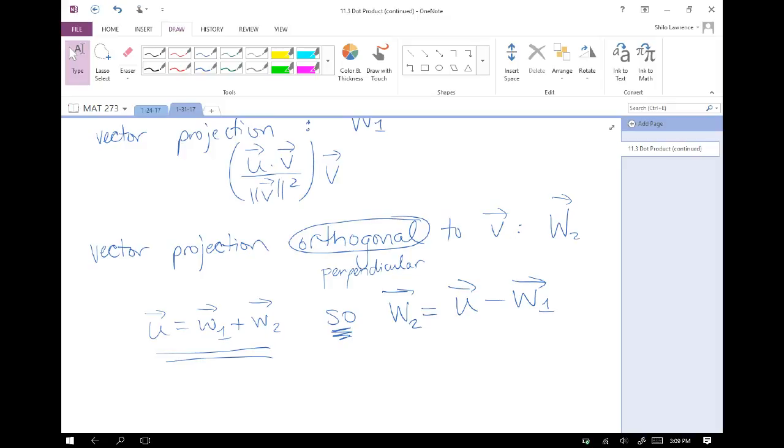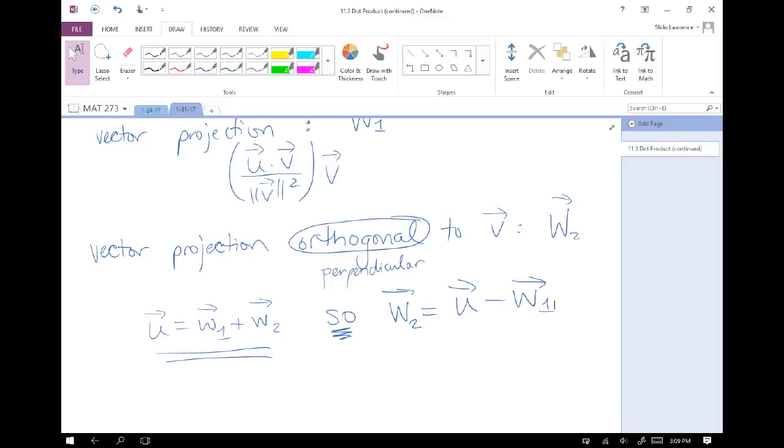So if acceleration is measuring the change in velocity, we can break it apart into two pieces and actually pinpoint exactly how much of our acceleration is going towards changing our speed and how much of the acceleration is going towards changing our direction. Speed is always in the direction of motion.